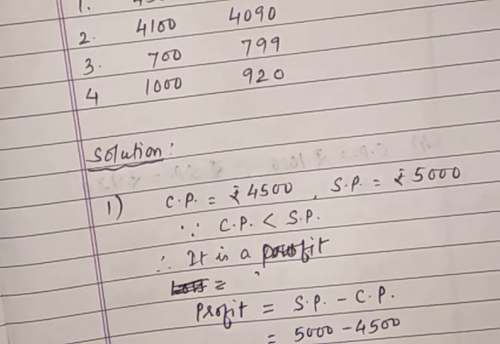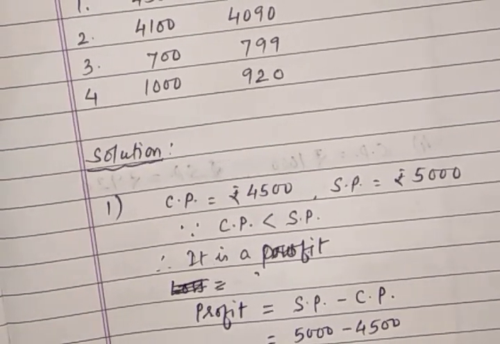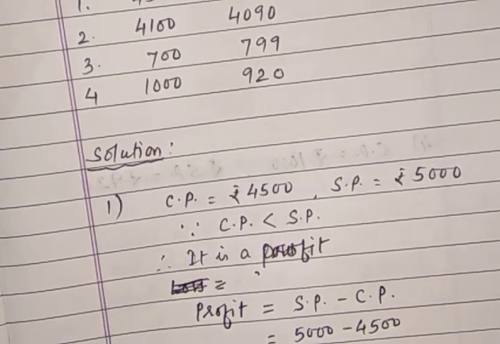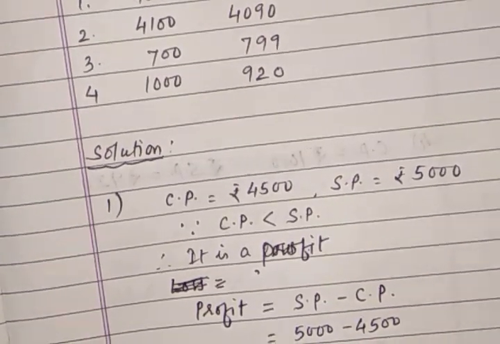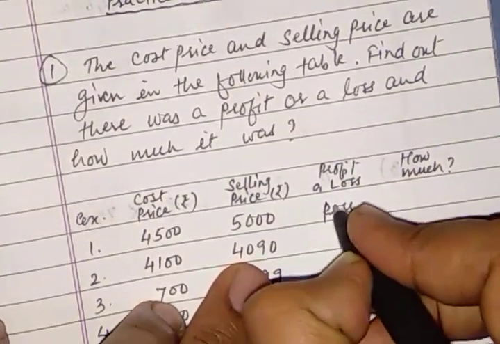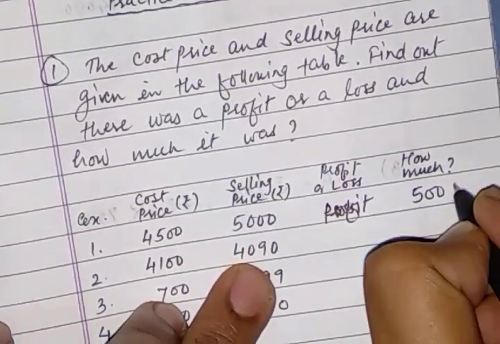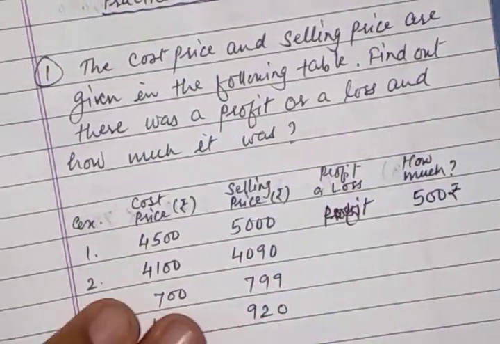If you subtract, you get profit equals 500. So profit is 500 rupees. So you will write here it is a profit, and by how much means 500 rupees.